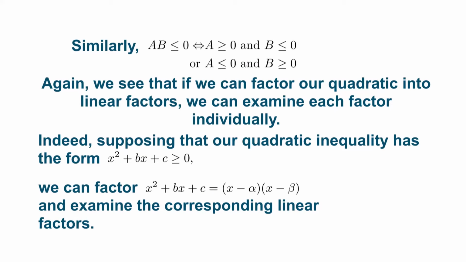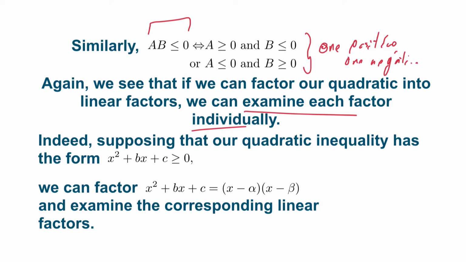This is just a simple observation that similarly, if I want to solve an inequality going the other way, if I want to have something less than or equal to 0, I need one to be positive, one to be negative. So this is one positive, one negative. The idea is to examine each factor individually.